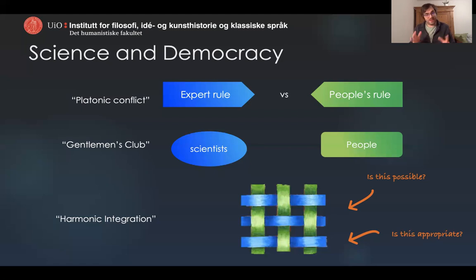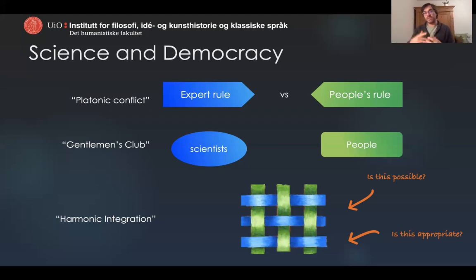But maybe there's a different way of thinking about it. I'm going to call this picture of science and democracy the harmonic integration model. Maybe there is a way of weaving science into democracy, into public decision making, so that science is used for the people and creates no conflict with the people, but it doesn't stand outside the society.